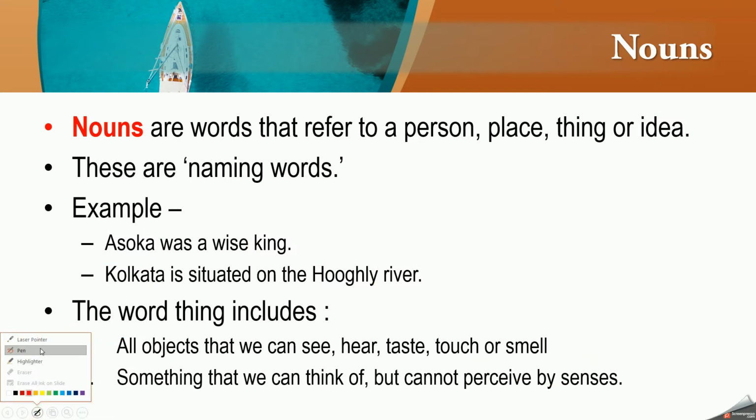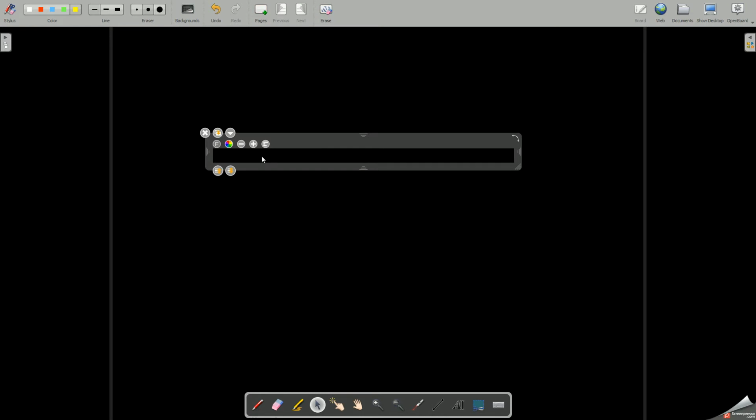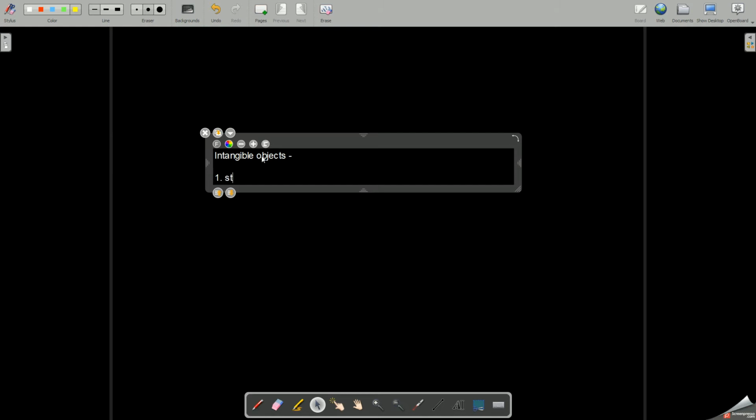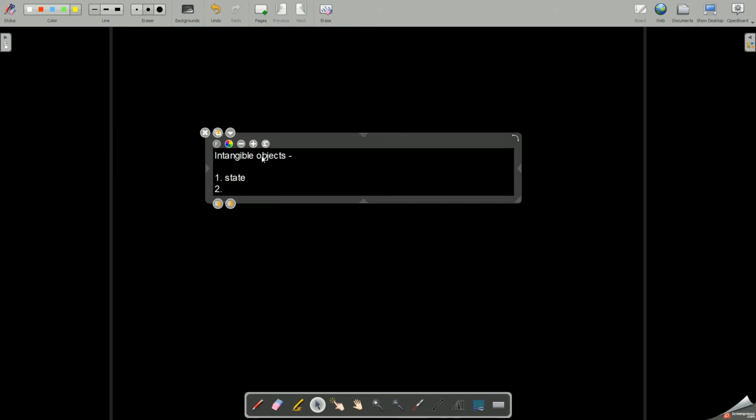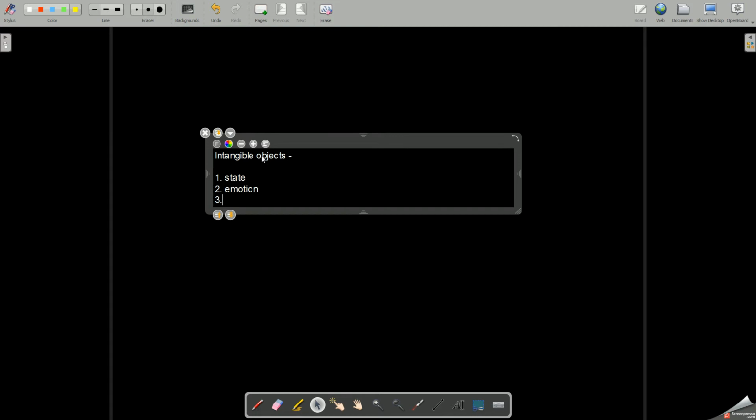So basically, when we talk about intangible objects, they consist of any state, any emotion, any quality.